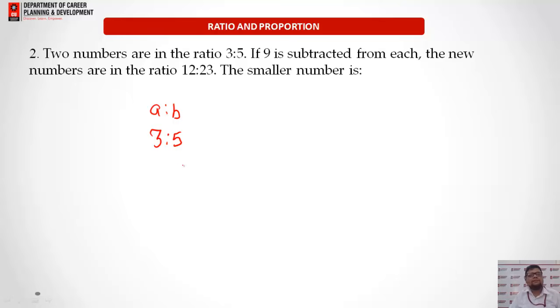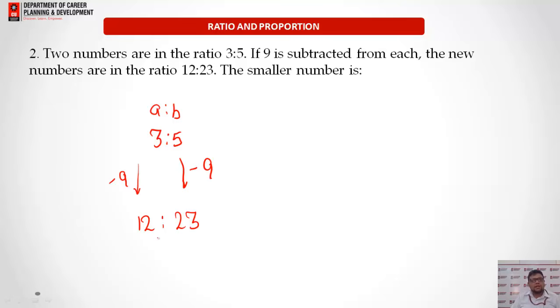Now it is said that if 9 is subtracted from each of them, then the ratio is coming out to be 12:23.